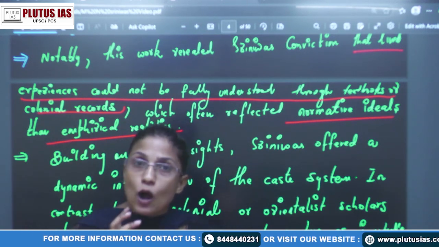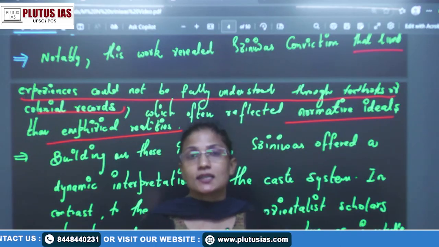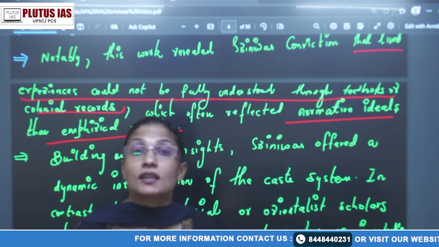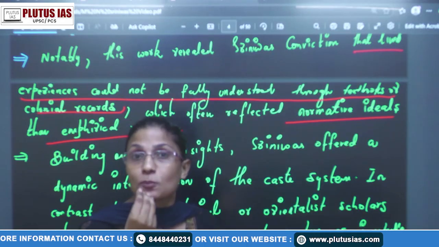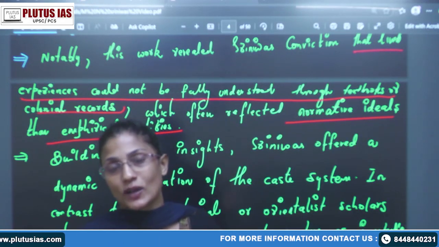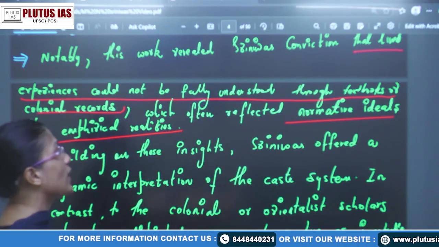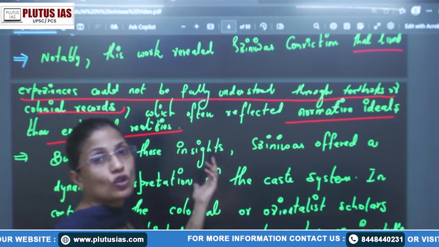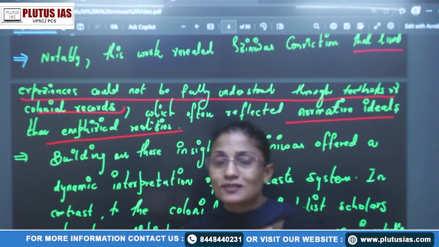How even the caste in India is fluid in nature, how we have interaction, that kind of explanation we have got from M.N. Srinivas' writing. So that's what you have to write. That is why he argued that textbook interpretation or colonial records are not sufficient.